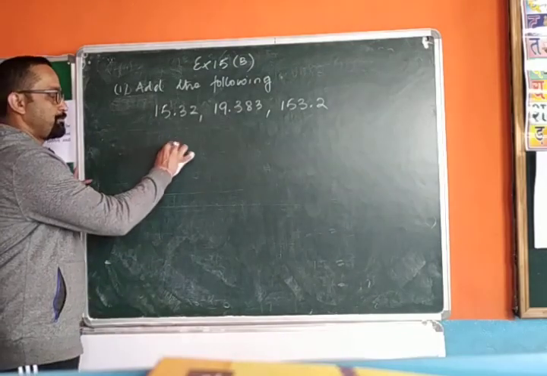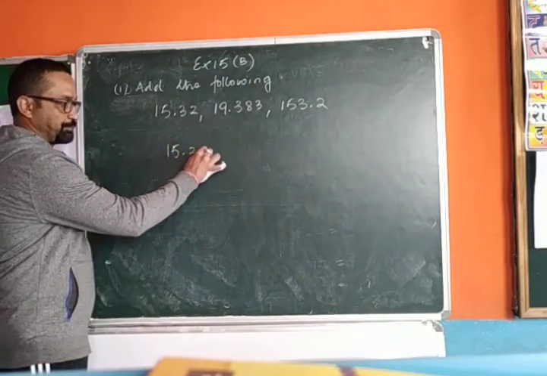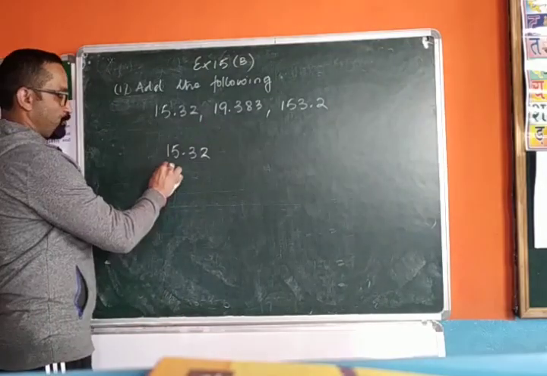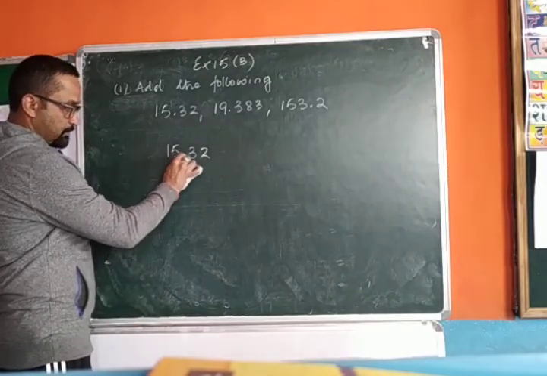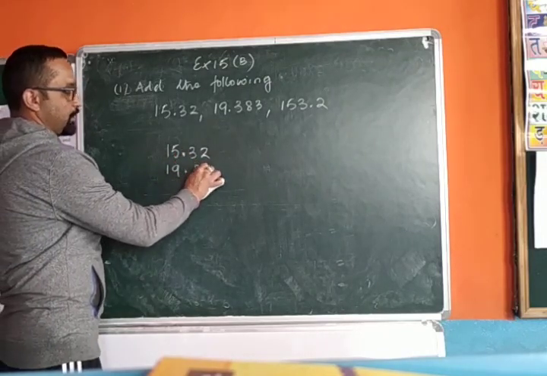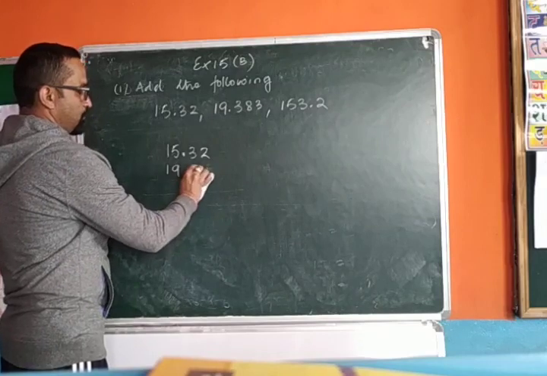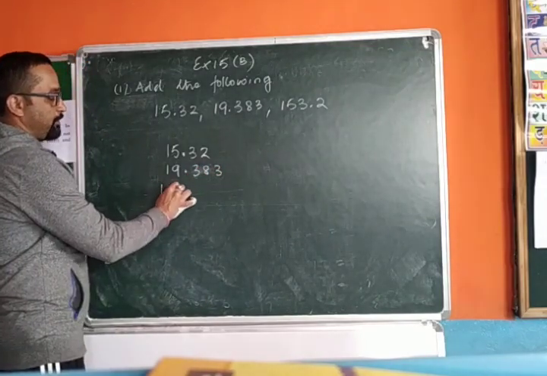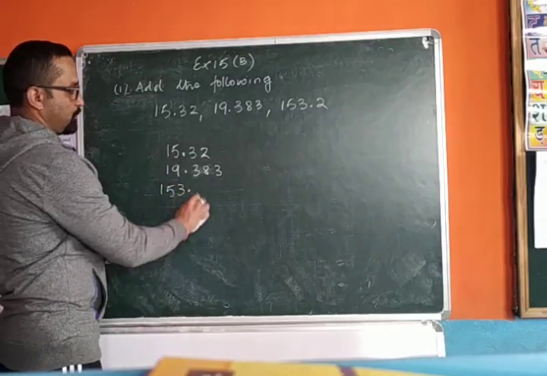So we copy 15.32. Then you have 19 point, so you write 19 point. Decimals should be in the same line. 383. Then you write 532.2.